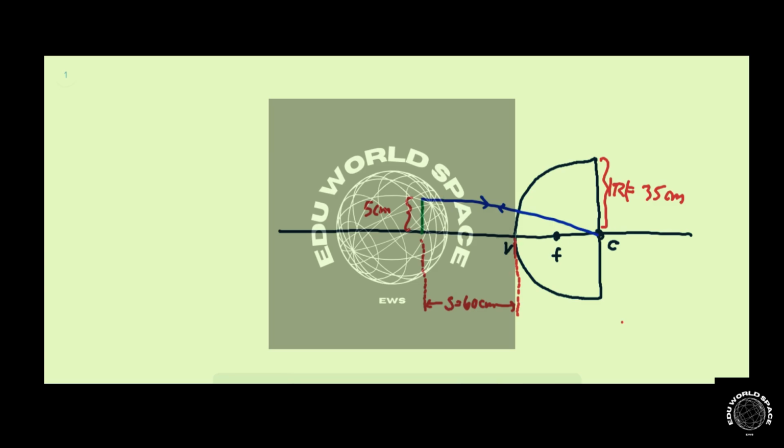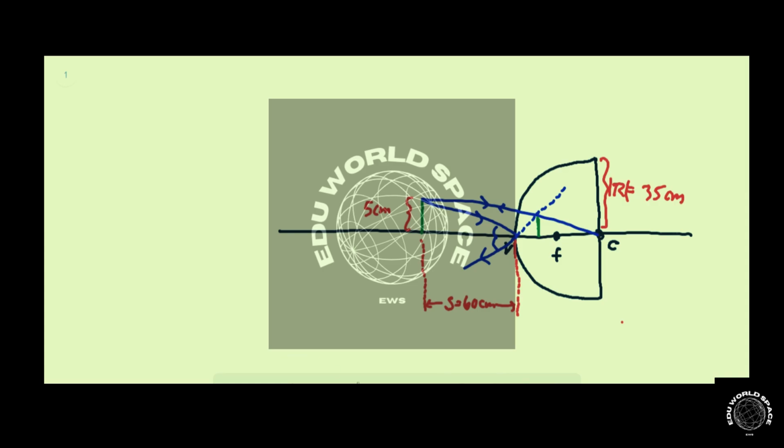And so then we take one that's symmetric about the optic axis, so it will reflect in a symmetric way here. And then we extend that reflected line. So we have the image then is somewhere over here. Okay, so that kind of helps us orient ourselves.